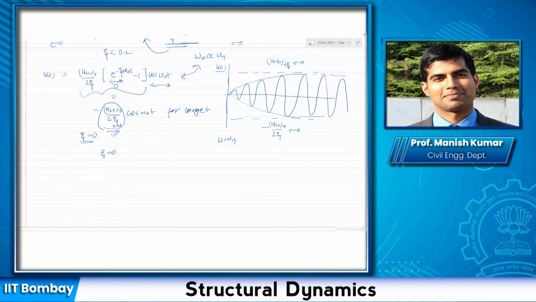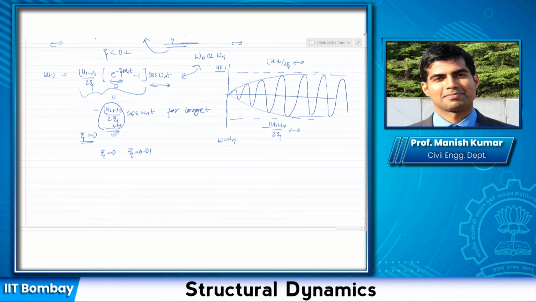Okay, so in those cases where the amplitude starts to become unbounded, one way to tackle that problem would be not to make a system with very small damping, but to add some additional damping in the system. Because if zeta is equal to 0, the response would be unbounded. But even if it's a very small damping, it won't become infinity.